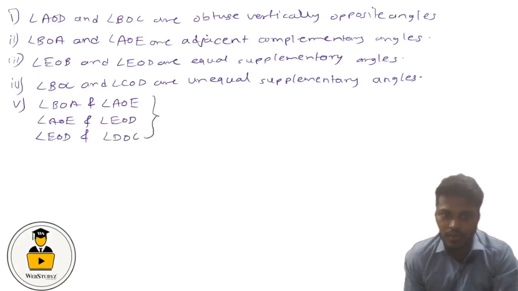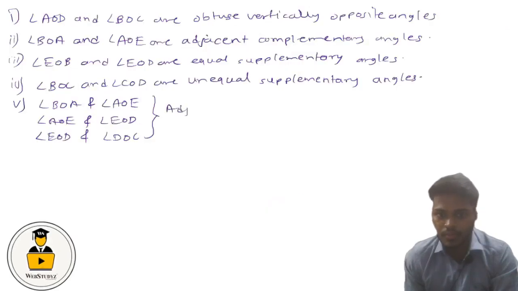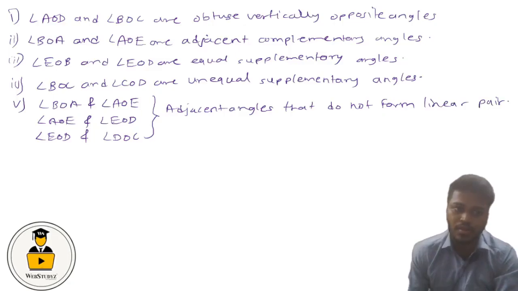So these are adjacent angles that do not form a linear pair.